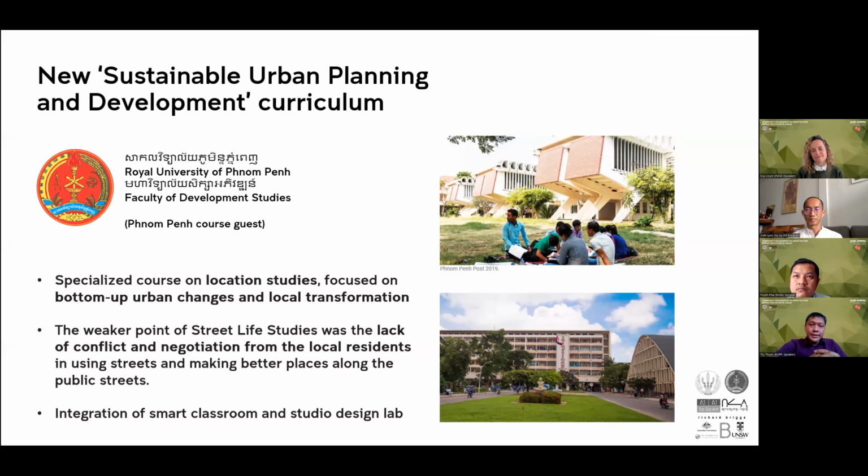And we also observed the weak points of the students so far through the online presentation. One of the weak points is the lack of the conflict and negotiation that they draw from the observation of the local residents and different groups of people who use the street and fight to make a better place in the street.